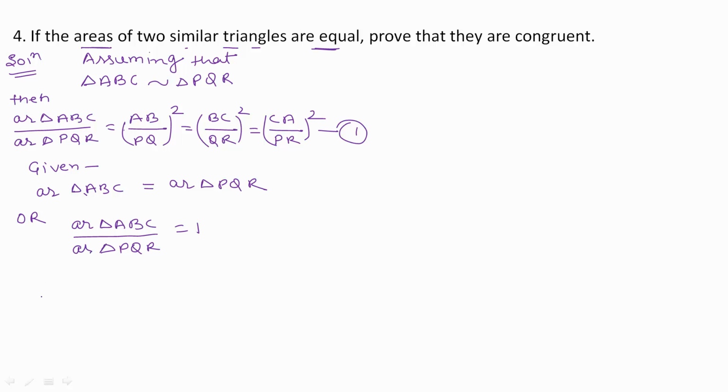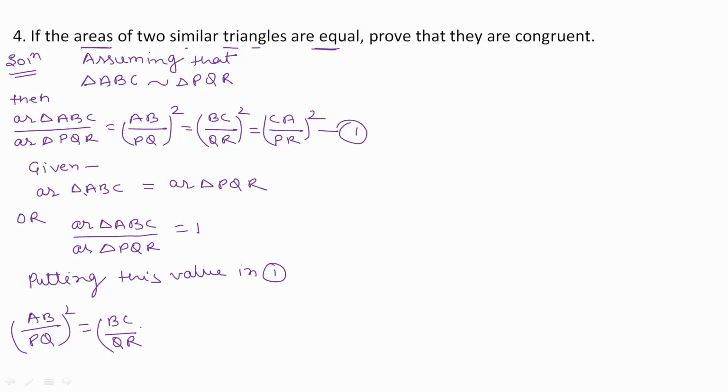Putting this value in equation first, (AB upon PQ) whole square is equal to (BC upon QR) whole square is equal to (CA upon PR) whole square is equal to 1, the value of area of triangle ABC upon area of triangle PQR.